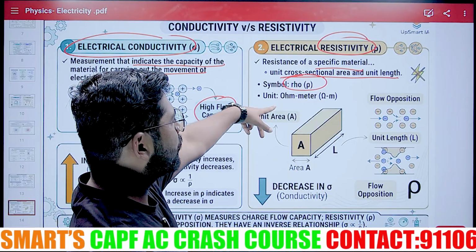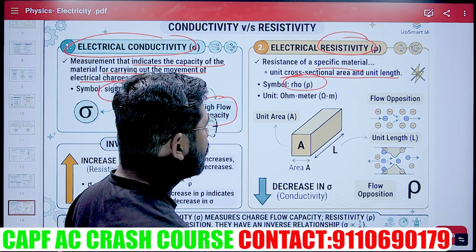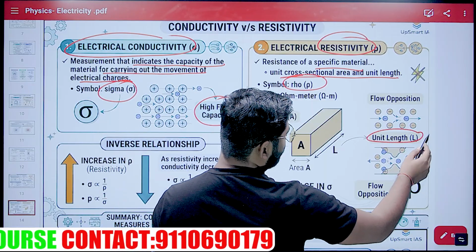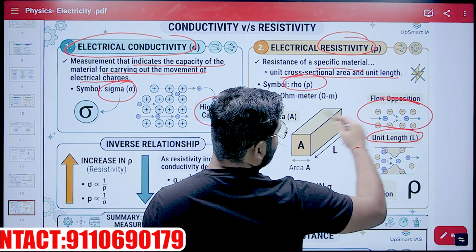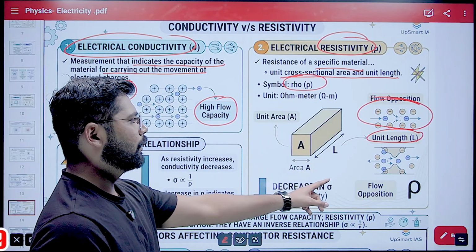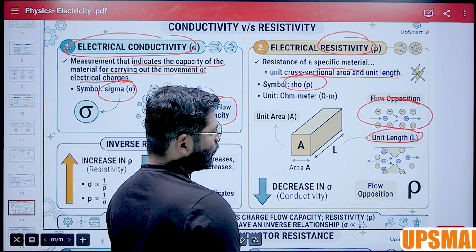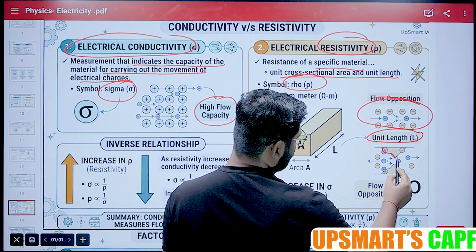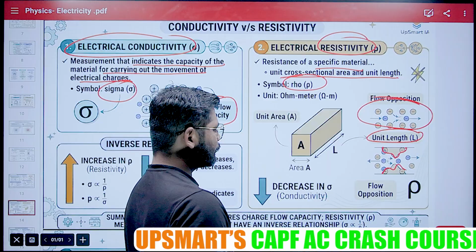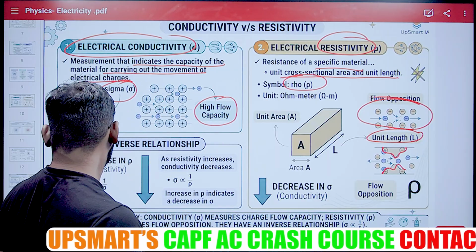The flow opposition, because of the material's resistivity, is in the same direction along the unit length.